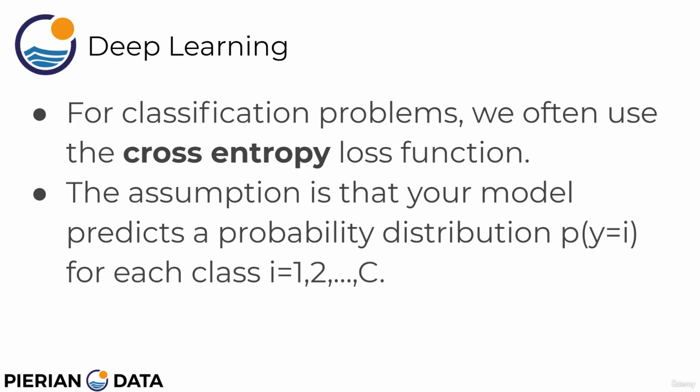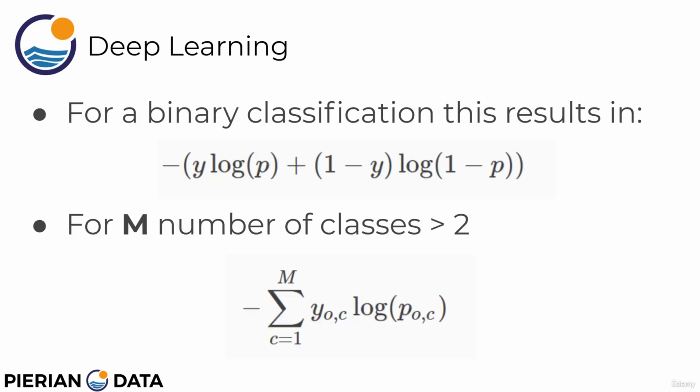What's nice about it is that it assumes your model predicts a probability distribution for each class, maybe a distribution for class 1, class 2, class 3, and so on. For binary classification, that is only two classes, you have the top formula, and those logs represent natural logs. For m number of classes greater than 2, you end up using the formula below.